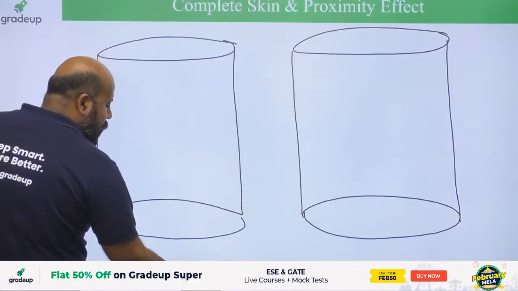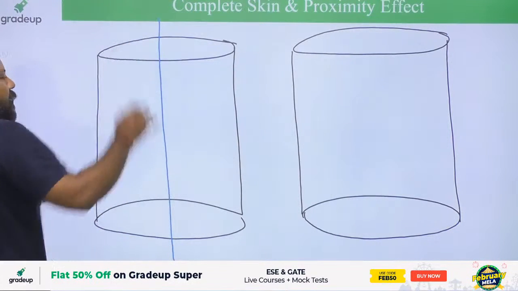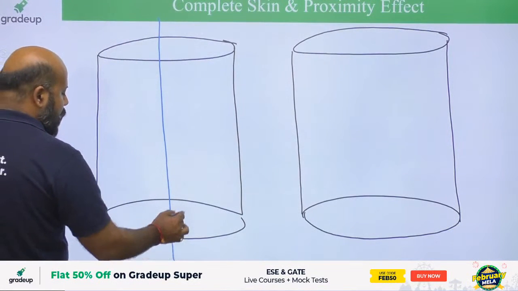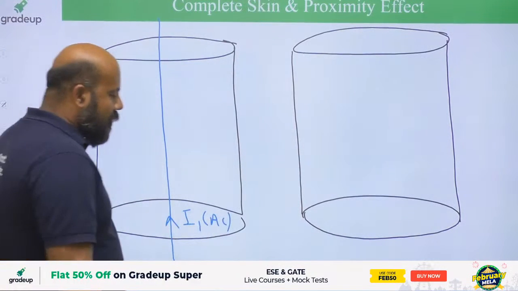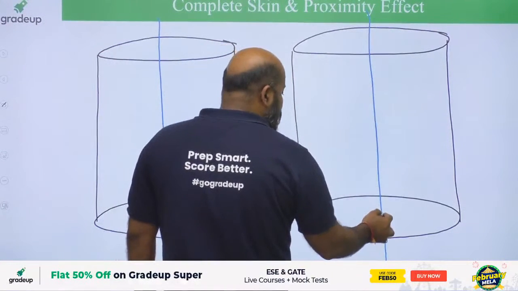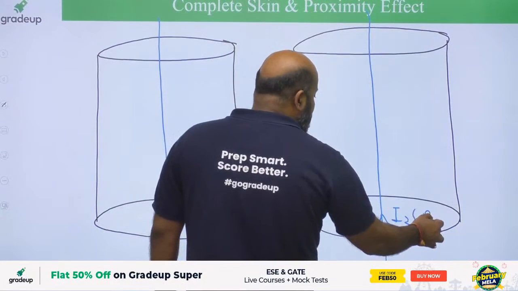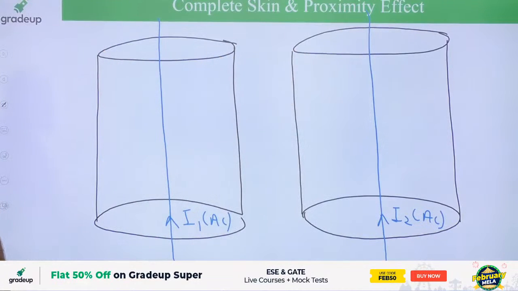And I want to see what happens if there is AC current in them. Suppose this is I1, that is AC current, and suppose I take the same direction of current in this conductor also. The current is I2, which is also AC. Again, what is happening?